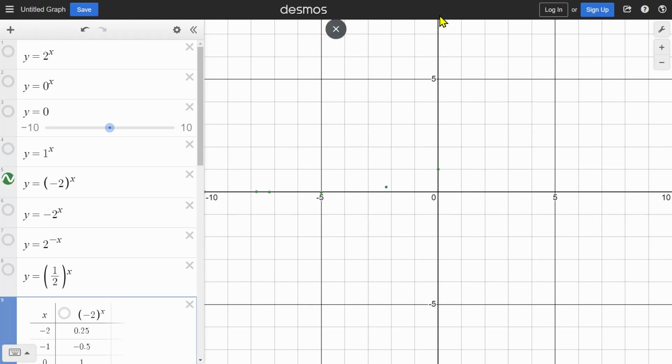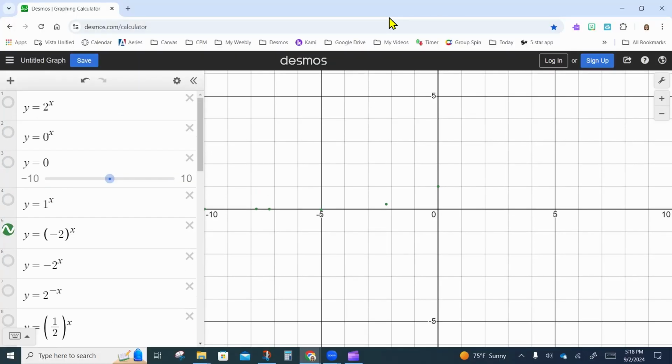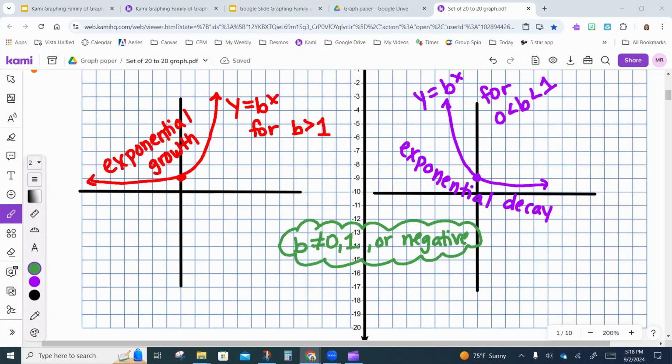So what that means is that I am going to have bases that cannot be 0, cannot be 1, cannot be negative.